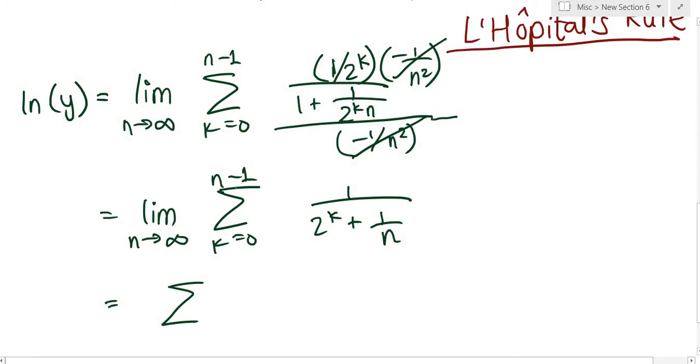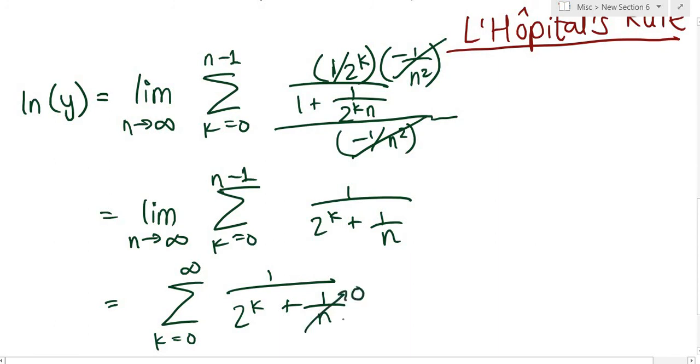So infinity minus a small finite number like 1. If you take something out from a really big thing, it doesn't really change that big thing, right? So infinity minus 1 is infinity. So on applying this limit, we obtain the sum from k equals 0 to infinity of 1 over 2^k plus 1 over n, and when n goes to infinity, this thing goes to 0, right?